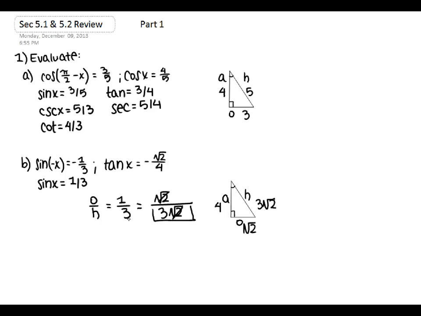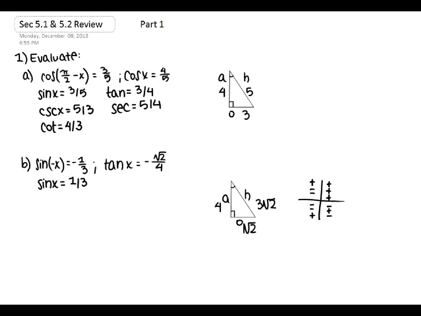Now, we have to decide what quadrant this is in. So I'm going to draw our little chart thing, which you should have memorized. And this is the signs of sin, cos, and tan in each quadrant. So plus, plus, plus, plus, minus, minus, minus, minus, plus, and minus, plus, minus.